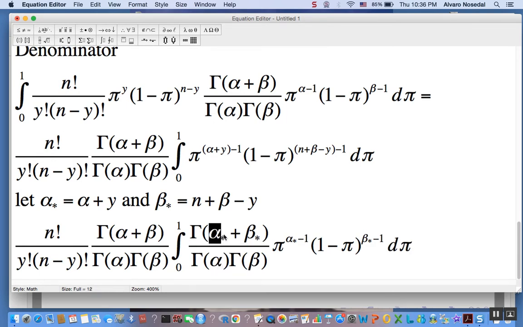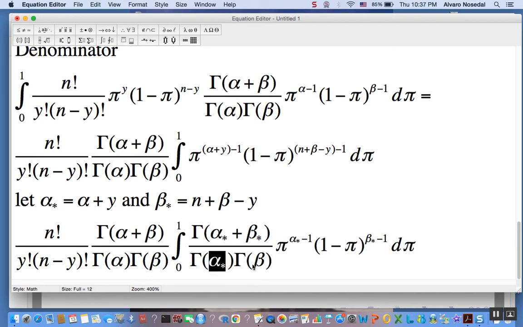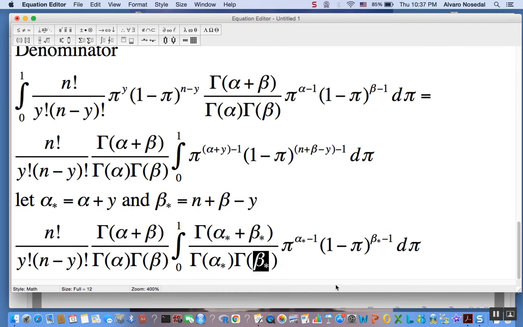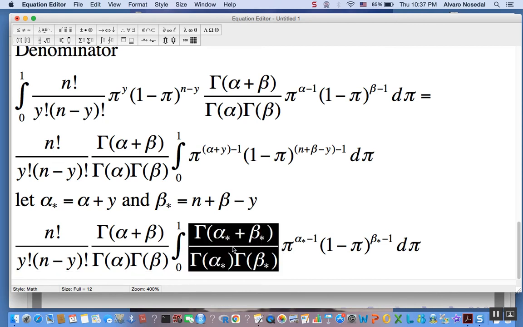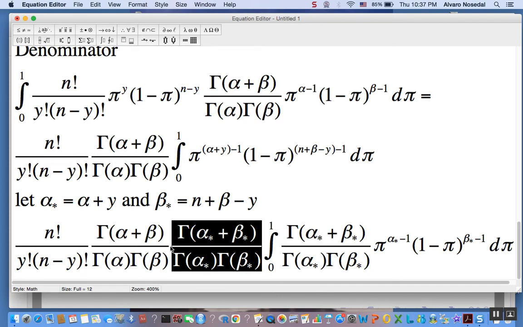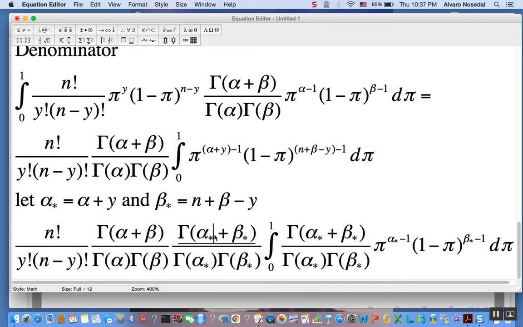And we divide by the gamma function evaluated at alpha star times the gamma function evaluated at beta star, right? And that's a constant, but we are multiplying by that guy. So if we divide by the same quantity, we're just multiplying by 1.